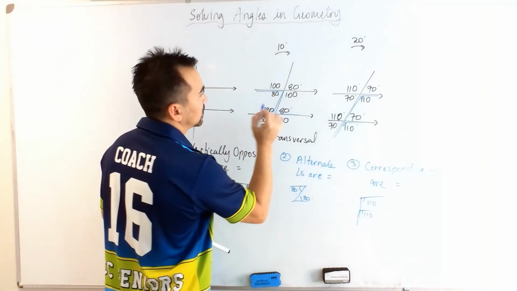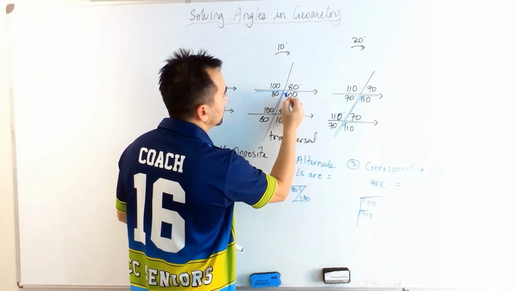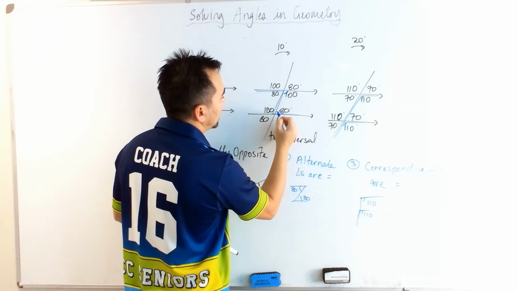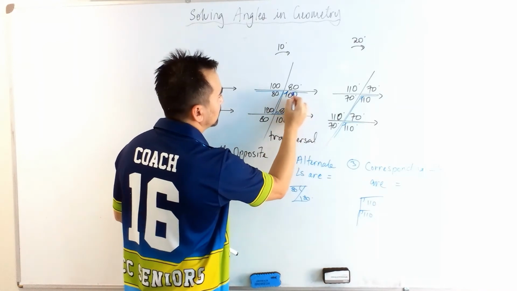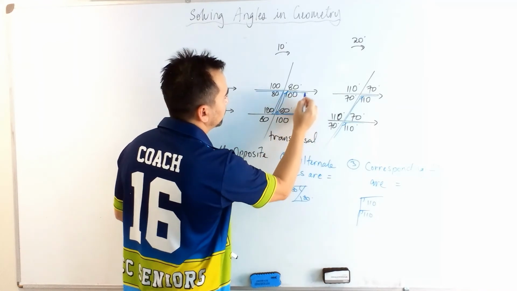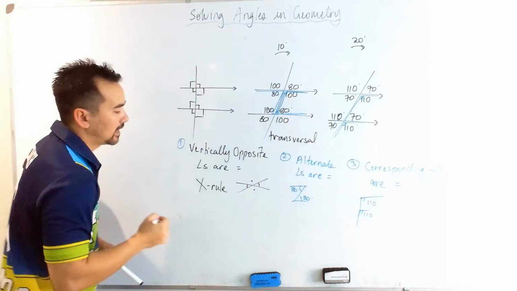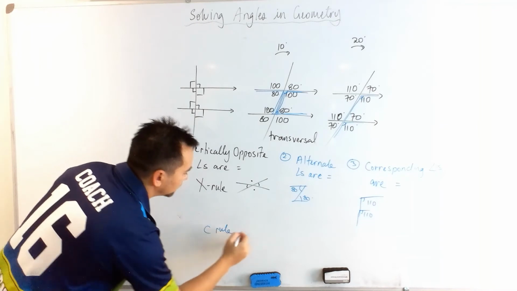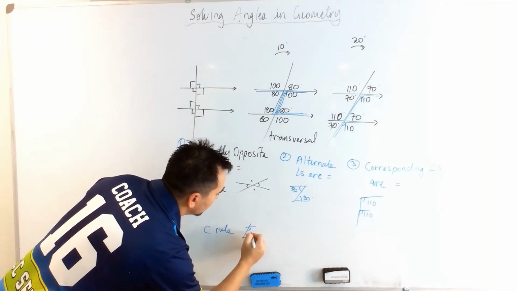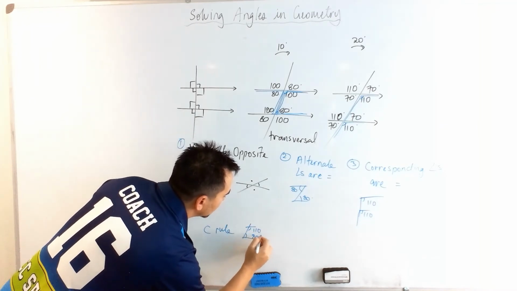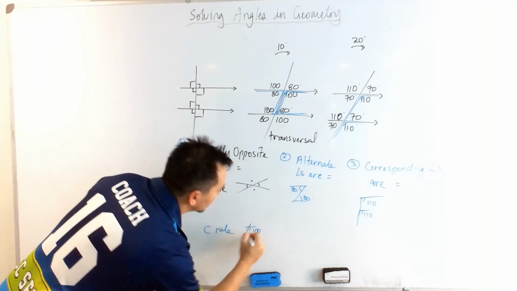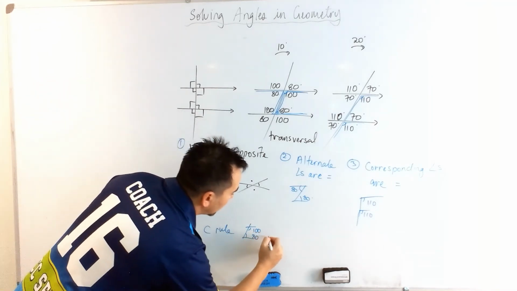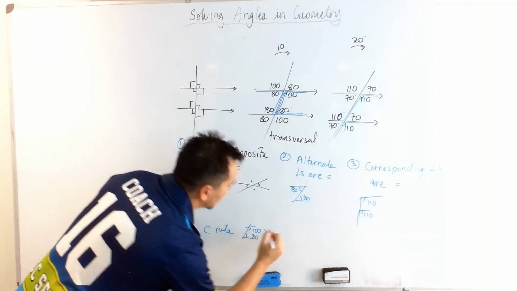And the C rule looks like this. This 110 and this 80 degrees makes the letter C. There it is there. And the C rule says that 100 degrees plus 80 degrees add up to 180 degrees.